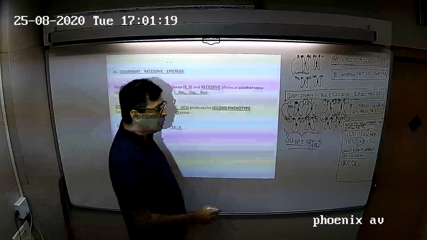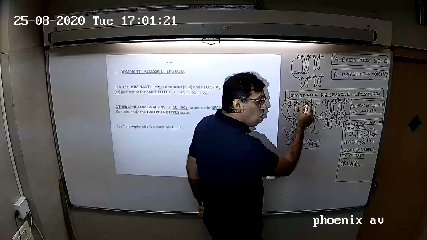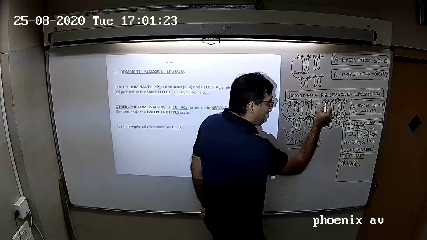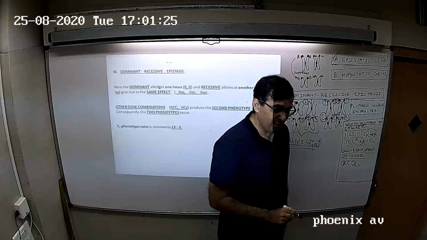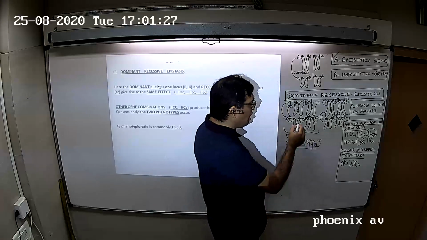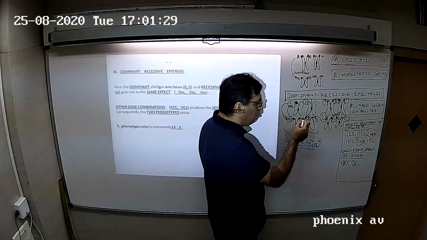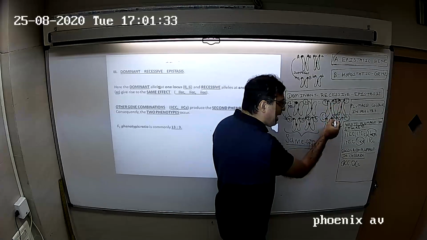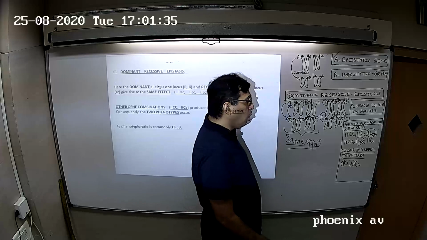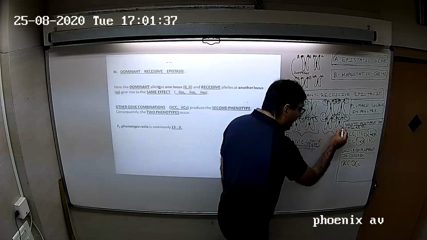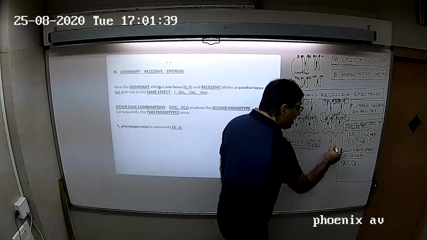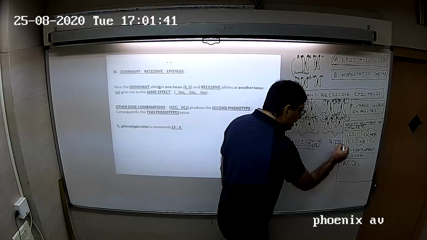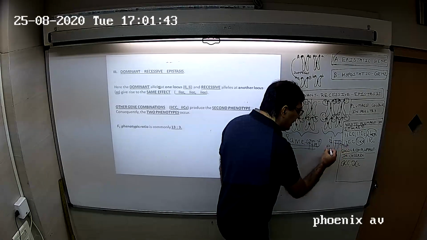Which means capital I is not dominant, capital I's are recessive. In other words, it is not capital I, small c, but it is small i, capital C. तो इससे एक different effect आता है.